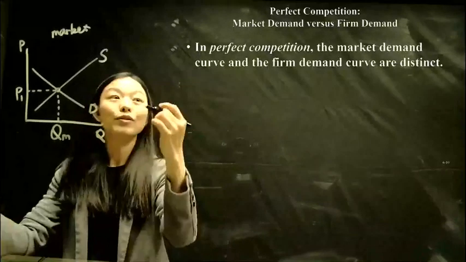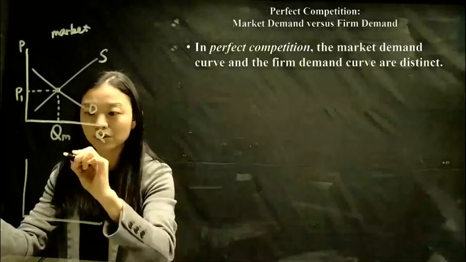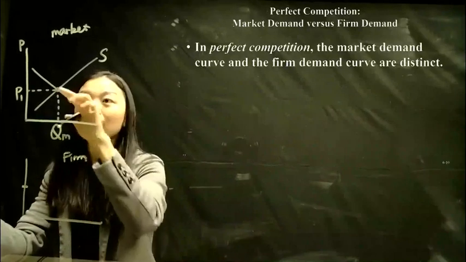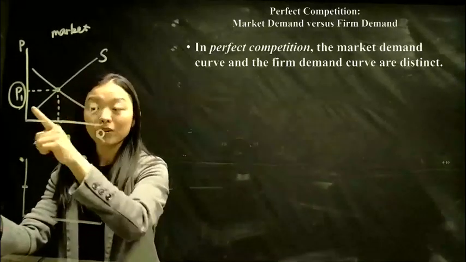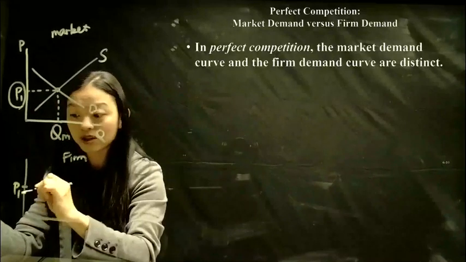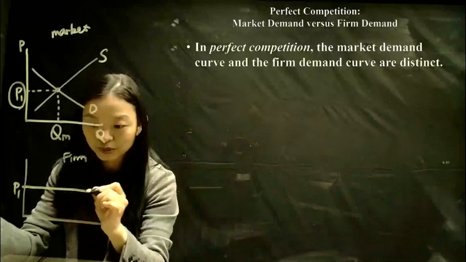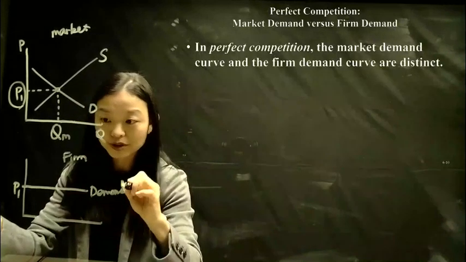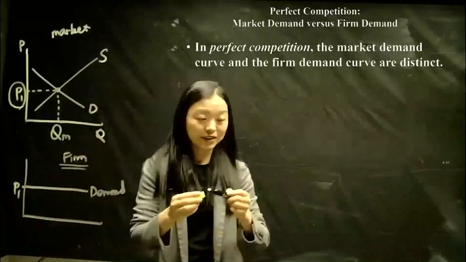Now, we know the firm is just a price taker. So for the firm, it will be different. In a market, the equilibrium price will be at P1. So the firm will just be a price taker. Therefore, this will be the firm's demand curve. Because the firm is just a price taker, you can see the difference now.